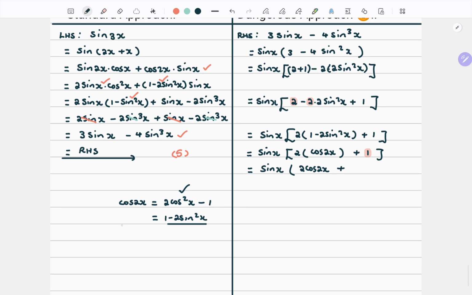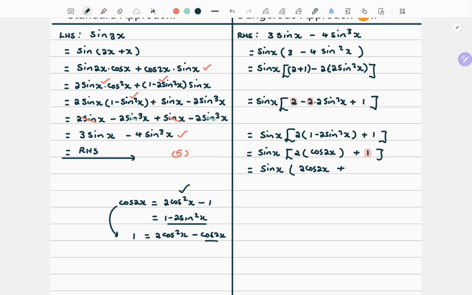Now if we isolate 1 here from this one, you will appreciate that 1 is going to be equal to 2 cos squared x minus cos 2x. And I can see that I've already got 2 cos x, and I want something similar.